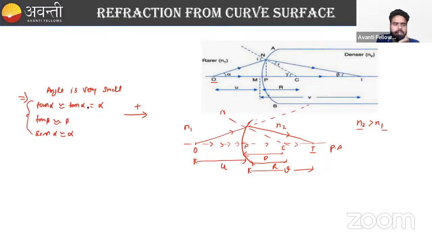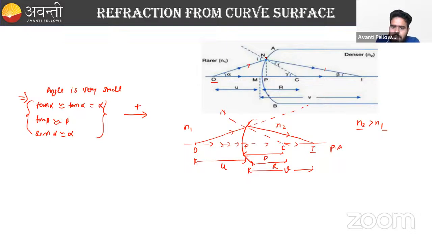This approximation is considered in ray optics. If we consider the angle made by the incident ray with the principal axis as alpha, the angle made by the refracted ray with the optical axis as beta, and the angle made by the normal with the principal axis as gamma.